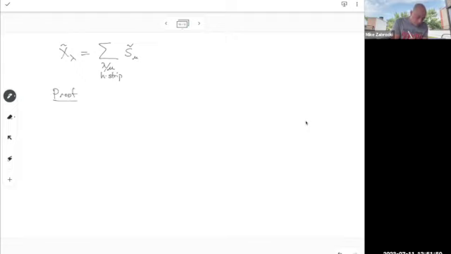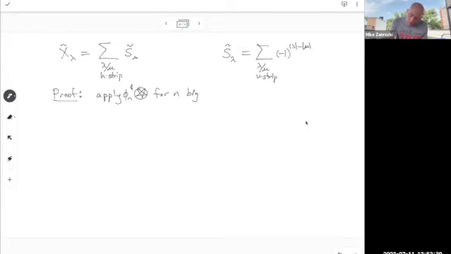Proof: apply phi n for n big. And you can deduce then that S lambda tilde is the sum over lambda slash mu is a vertical strip of -1 to the size of lambda minus size of mu times x mu tilde.